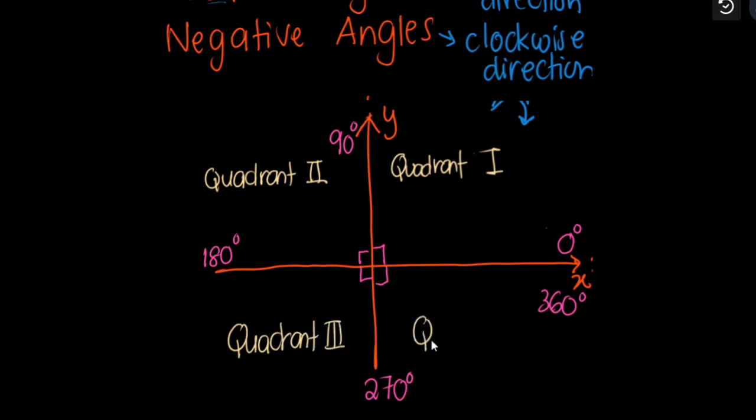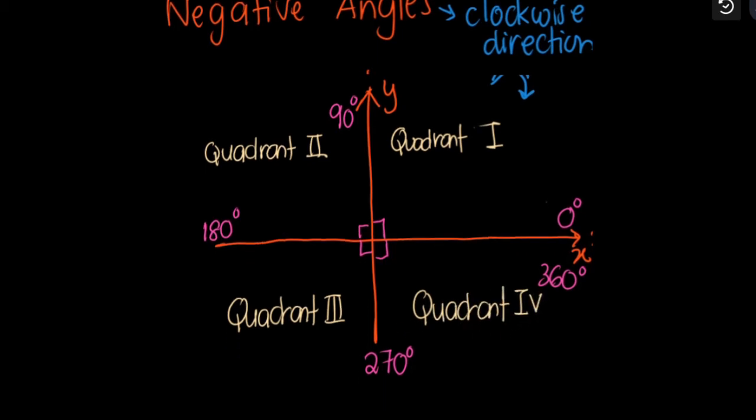And the last one is quadrant 4. Make sure you write the numbers 1, 2, 3, 4 in Roman numerals.